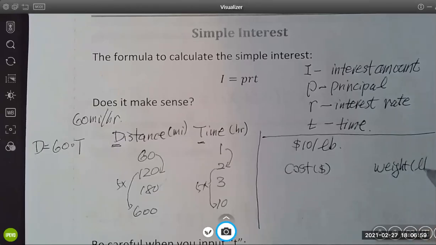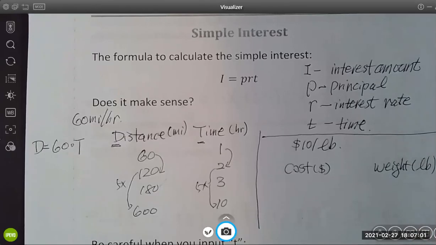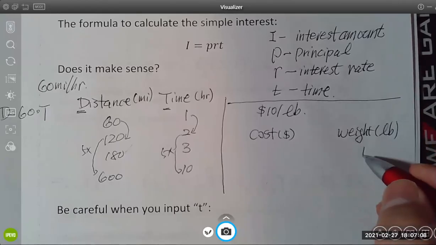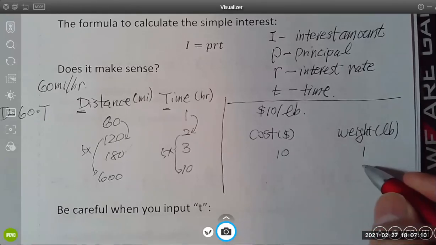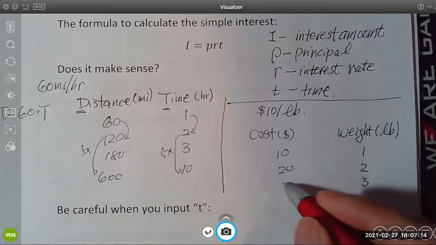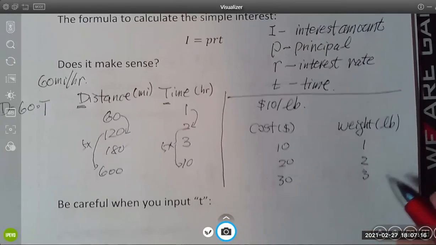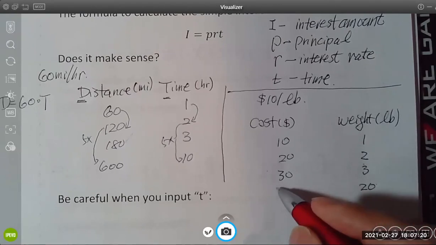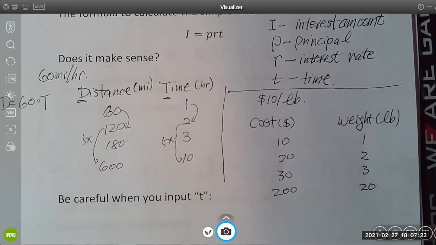This is in pounds. So we want to know the relation between the total cost and the weight. So let's say you buy 1 pound, $10, 2 pounds, $20, again 3 pounds, $30. You have a big party coming, you buy say 20 pounds, $200. You know, all of these numbers are true, right?